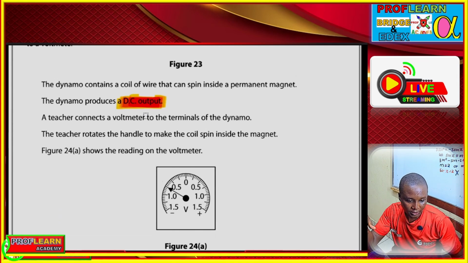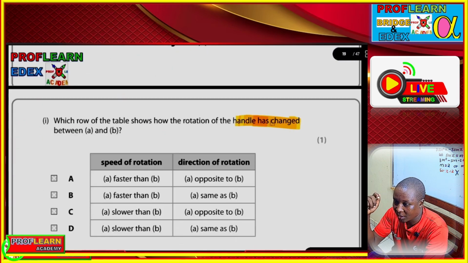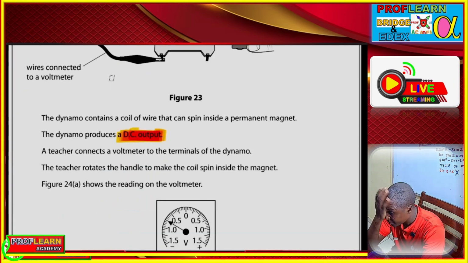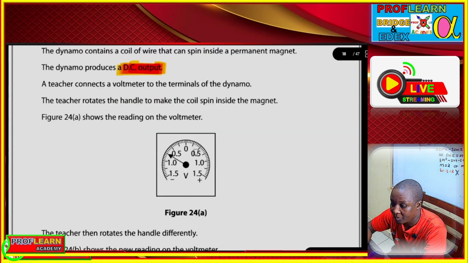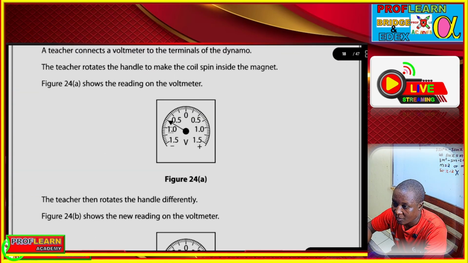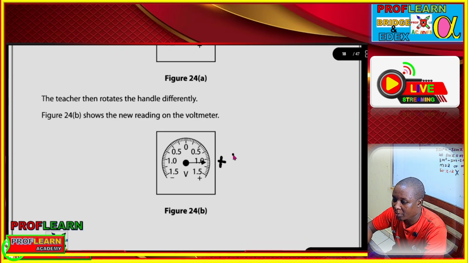What is the magnitude? This is a voltage, around 0.75, and this one is positive.